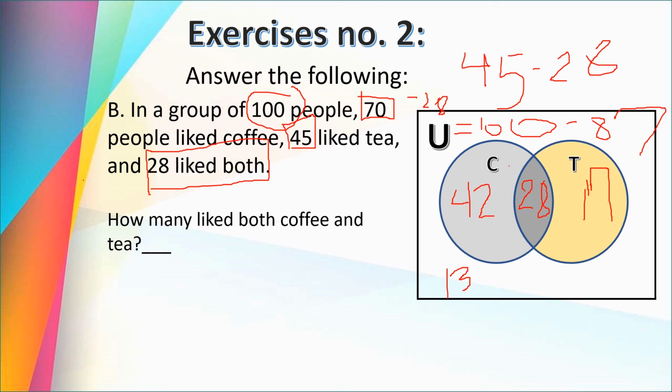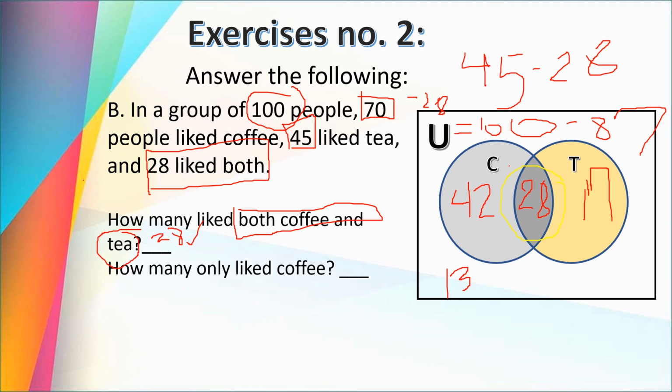So, since kompleto na yung ating Venn diagram, we can now start answering the follow-up questions. So, first question, how many like both coffee and tea? So, kitang-kita naman ang tinatanong natin is both coffee and tea. So, ang hinahanap natin is intersection. So, asan ng ating intersection? Ito pong part na to, which is none other than, very good, your answer should be 28.